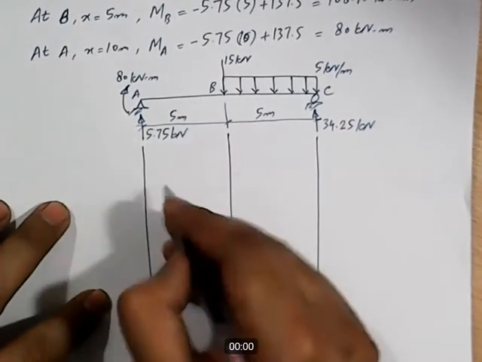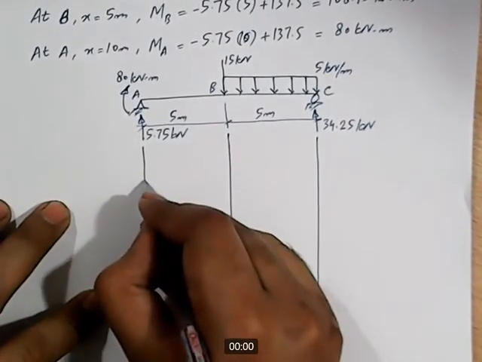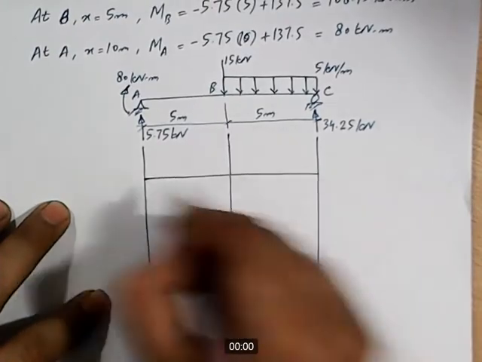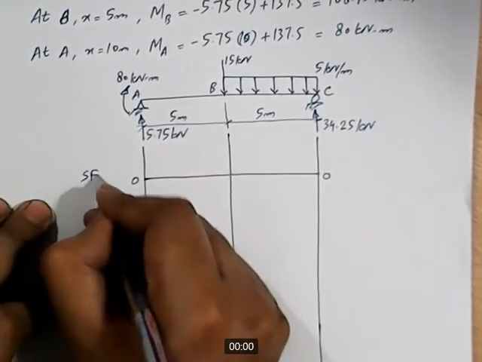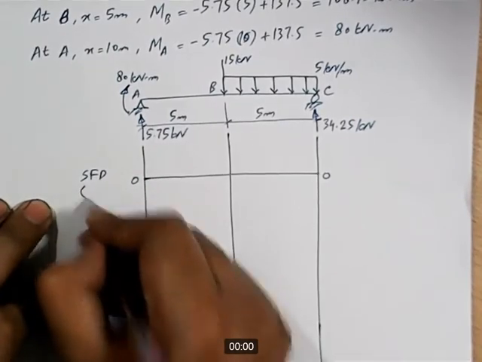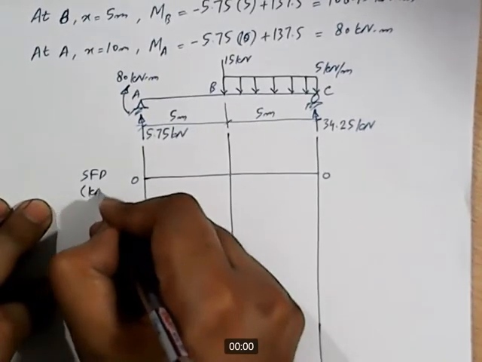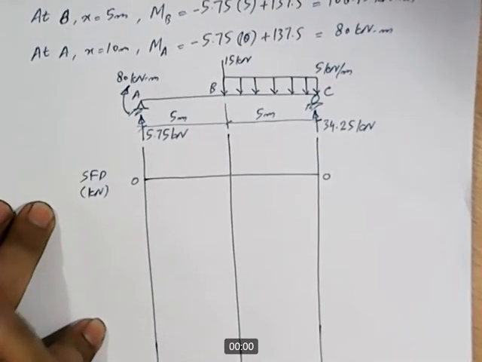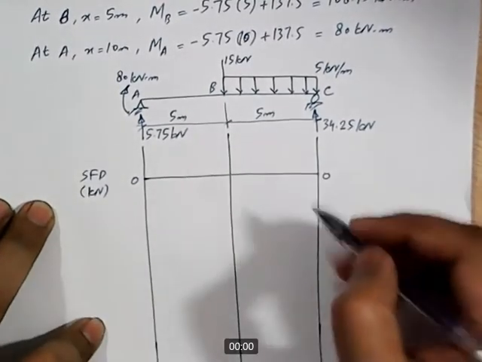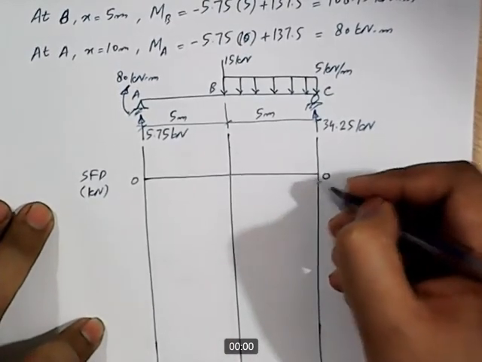Okay, so for SFD, this is our 0, 0 line. We are drawing SFD and the units are kilonewton. We will draw this diagram from the right side.